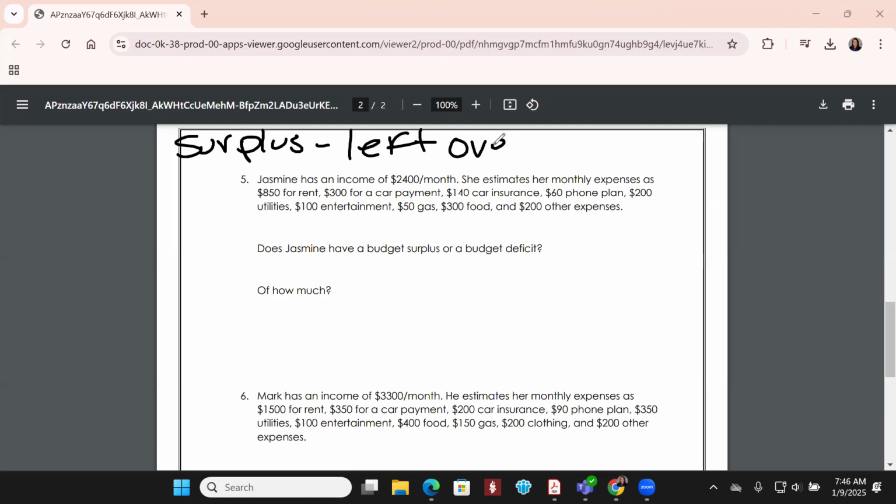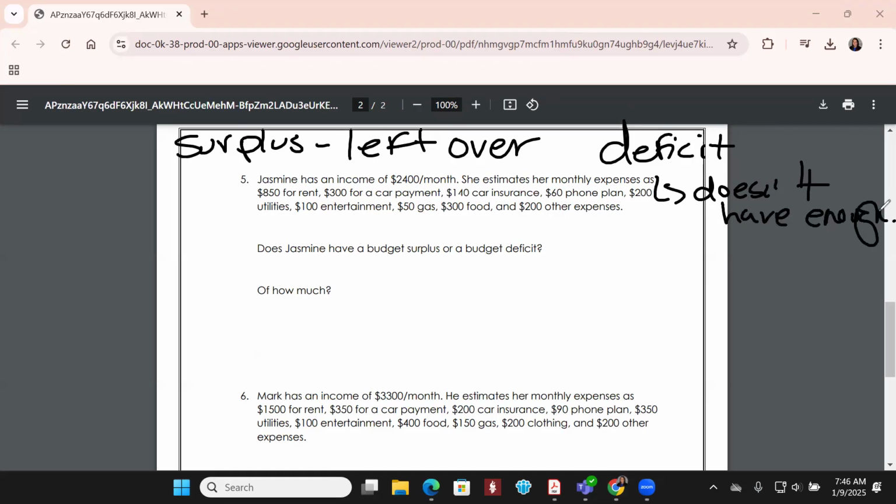A deficit means that she doesn't have enough. So what I need you to do is add up her expenses. You're going to add up all of these little expenses and tell me how much that is.